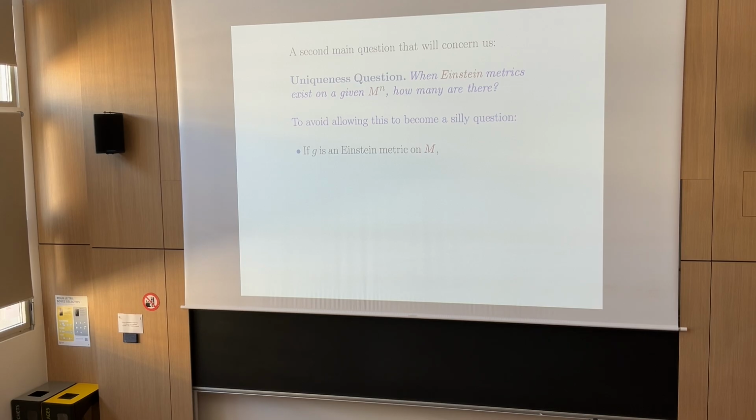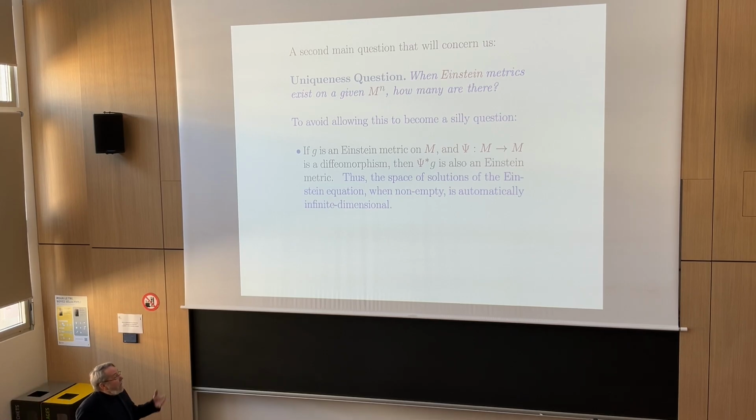But if you interpret this in the most naive way, this is almost a silly question. The reason is that if you were just saying how many metrics with this property are there, automatically, if there's one, there's an infinite dimensional space of them. If you have an Einstein metric and you have any diffeomorphism, then as I've previously observed, the pullback of an Einstein metric via a diffeomorphism is also Einstein. And on any manifold, there will be an infinite dimensional space of diffeomorphisms.